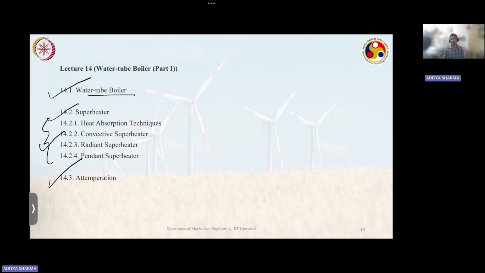The temperature for which we have designed our whole system. So this temperature tries to exceed that limit.